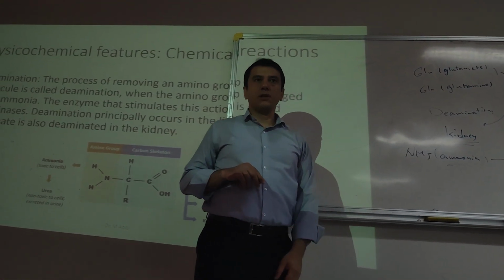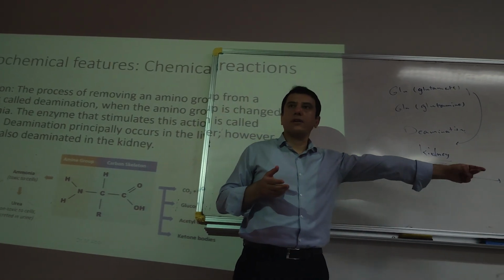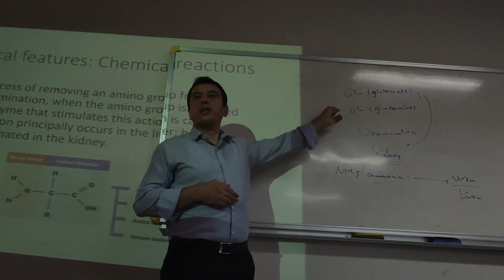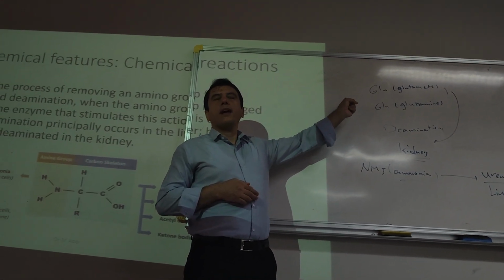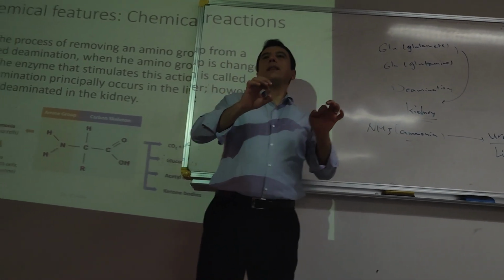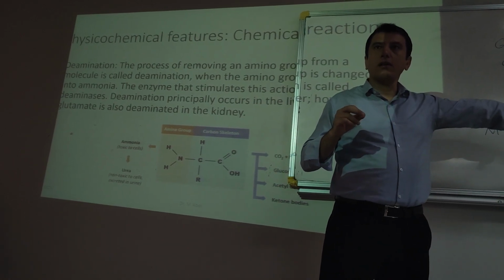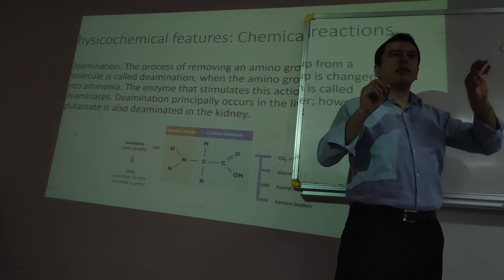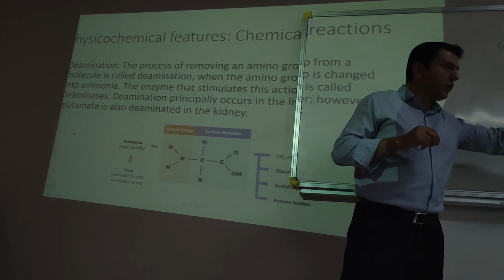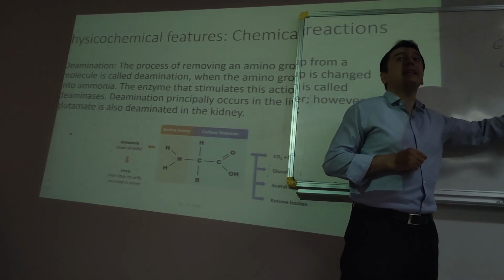Other deamination reactions will happen in our liver and produce urea. Deamination in the kidney will not lead to urea. This reaction just produces NH3 and no urea in our kidney.